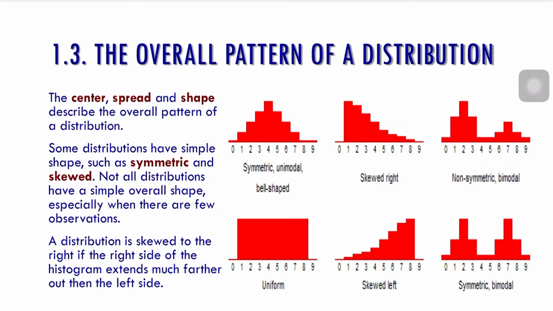And as you see here, there can be different shapes of the distribution. It can be symmetric or bell shaped, or it can be skewed to the right or to the left.